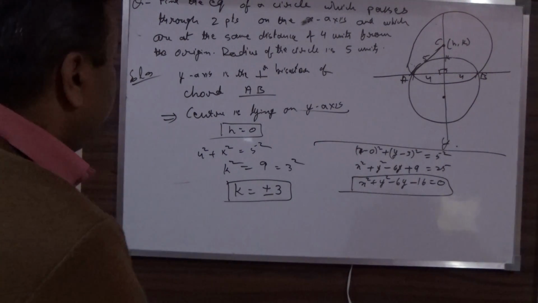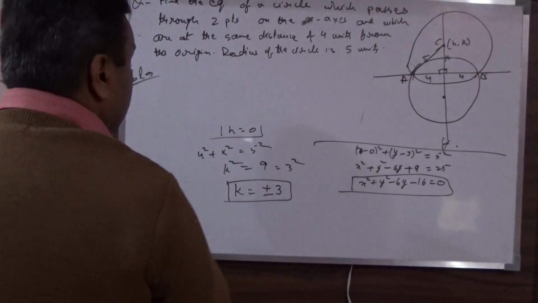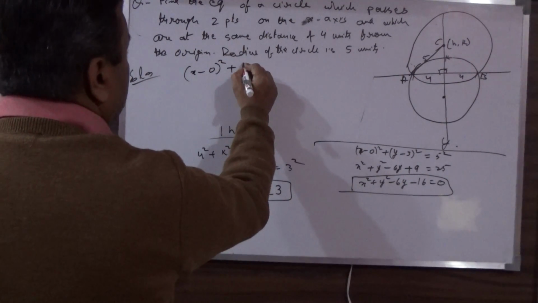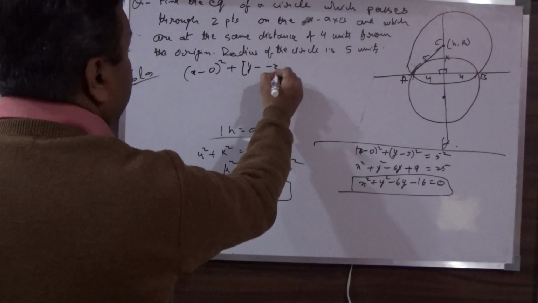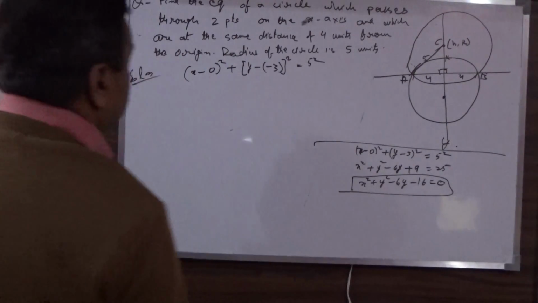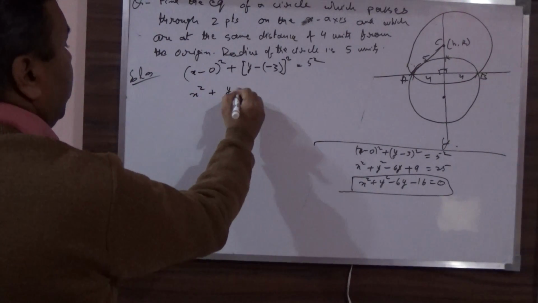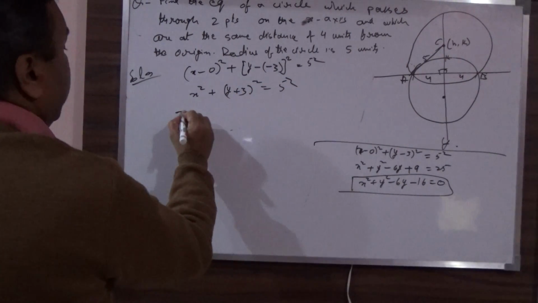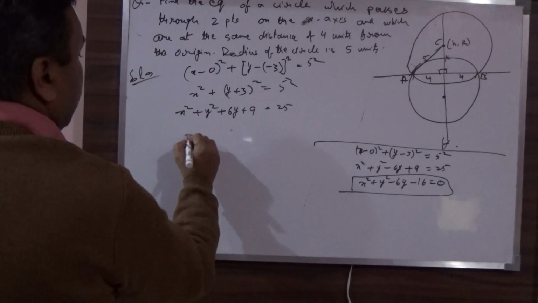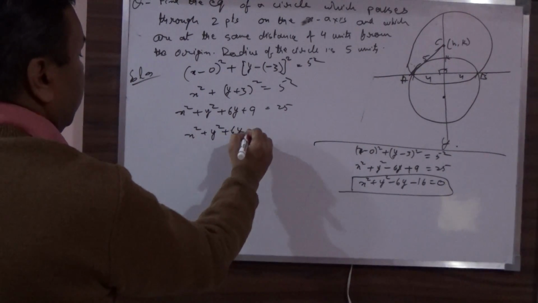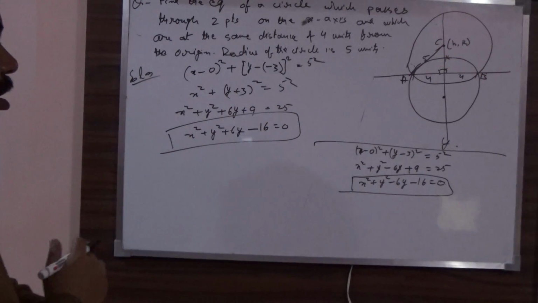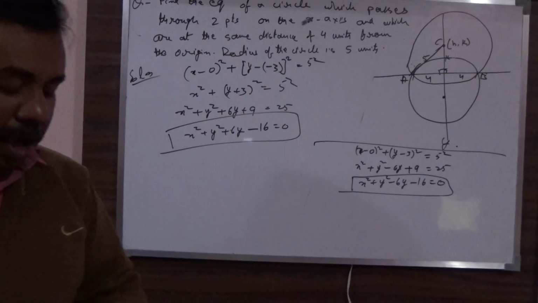Similarly, the second equation, I will use the other value: (x minus 0) square plus (y plus 3) square is equal to 5 square, or x square plus y square plus 6y plus 9 is equal to 25, or x square plus y square plus 6y minus 16 is equal to 0. So you have got two equations for this.